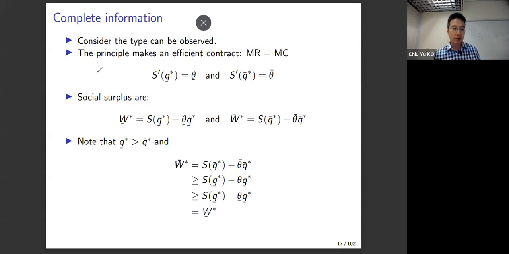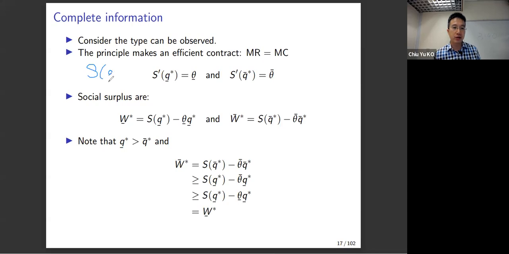It's S, right? And the payoff is Q, right? The principal is going to max S of Q minus T, right? T and Q here. Maybe I should write it down here, right? So this is the design, right?